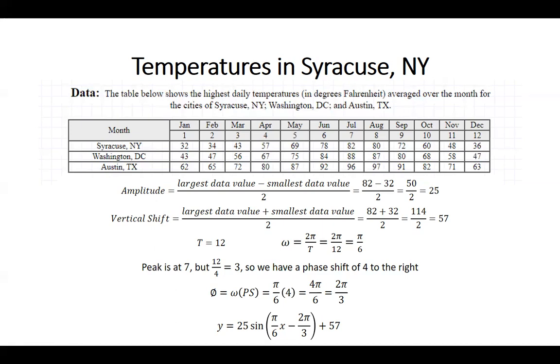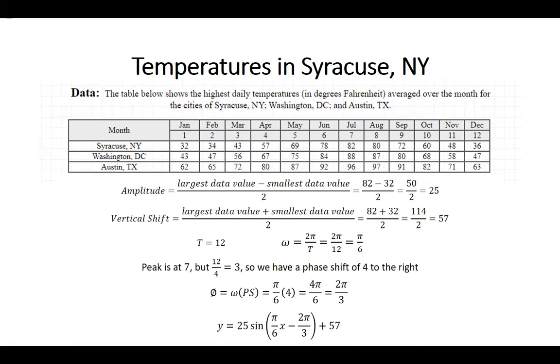And I understand there was a lot that went through a number of things, but it's very straightforward, shall I say, because it's just the steps. Find the amplitude: maximum minus minimum value divided by 2 gives you the amplitude. Vertical shift: average the maximum and minimum values.